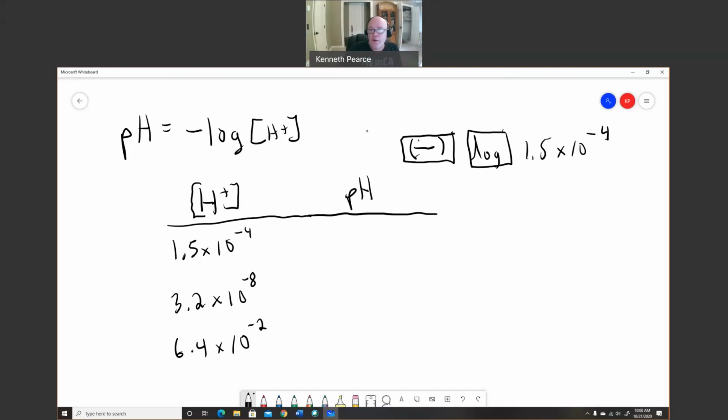On a lot of calculators, you will replace just the times 10 part with the double E key. So you would say special minus key, log, 1.5, find your double E key, and then use your special minus with the 4. I'm going to put this in my calculator, and you should try it on your calculator and make sure you can get the same answer.